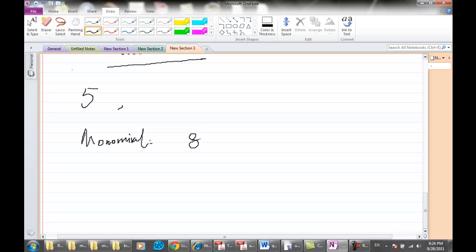The example is like we have a single 8 and its degree is just like what we just said, 0. So we can call it monomial degree 0. And if we have 3 times x to the 4th power times y squared, the degree is 6. So we can call that monomial degree 6.